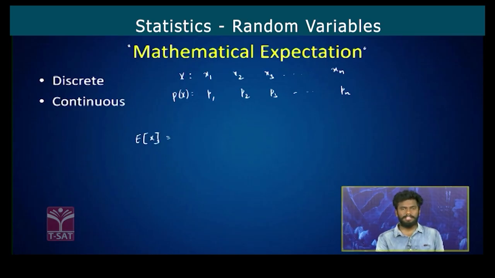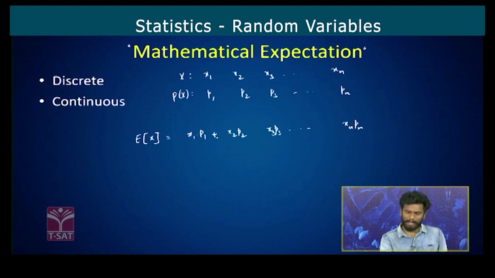We read that as expectation of x, which is given by the product of the random variable and the corresponding probability, that is x1 into p1, x2 into p2, x3 into p3, so on xn into pn, and we add all these products, which will be equal to summation i equal to 1 to n of xi pi.